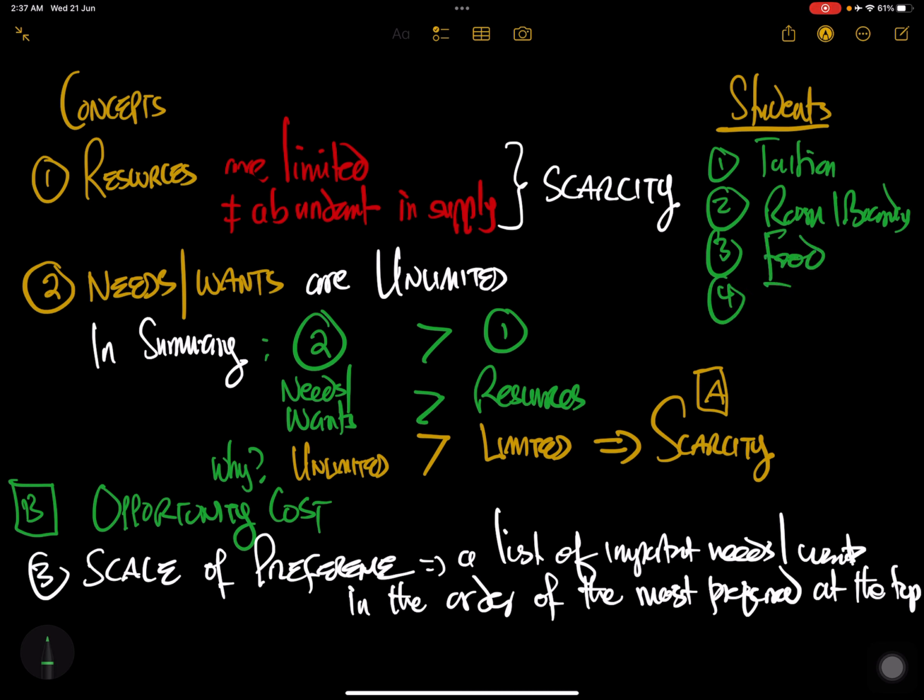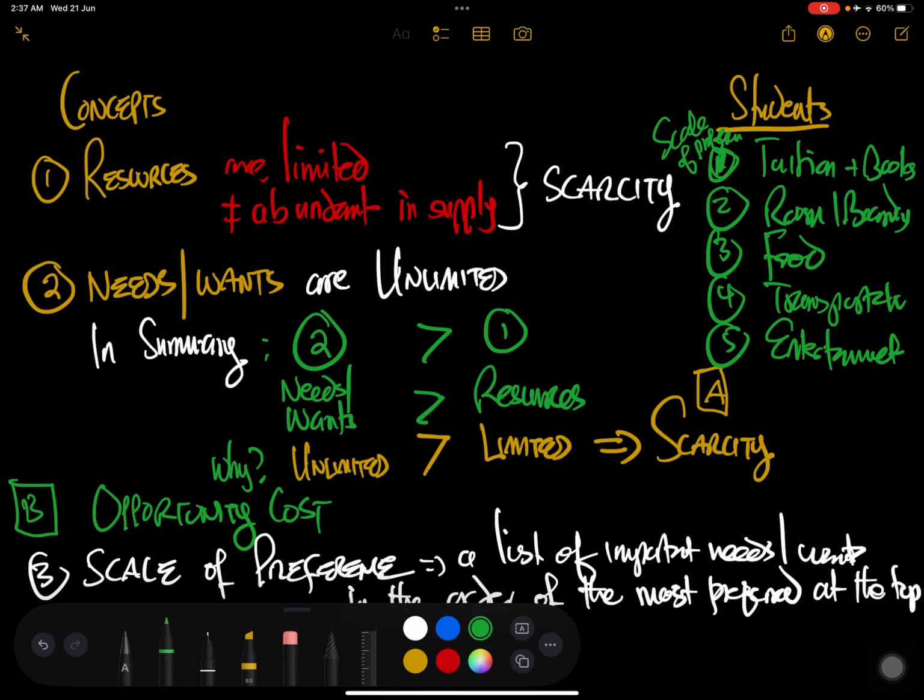His fourth is transportation. And maybe his fifth is books. His sixth is maybe entertainment. So this is a student's scale of preference, with number one as the most preferred. This is what we call a scale of preference.